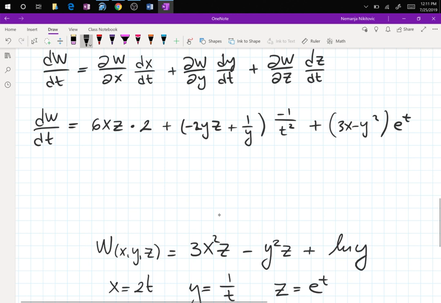Now observe that you are supposed to provide your derivative in respect to t. That means that you need to replace all of the x, y and z functions with what they are in terms of t's. If you can simplify anything, simplify and be done.